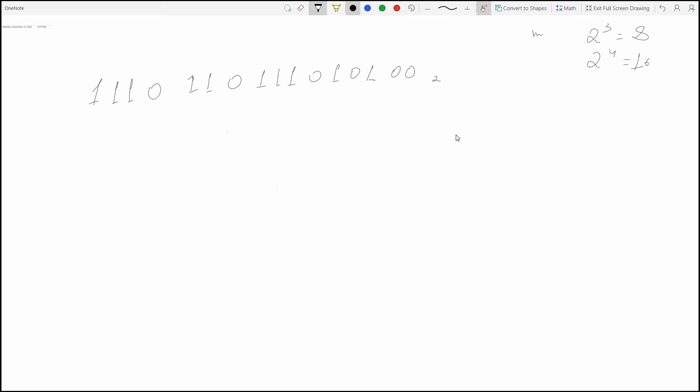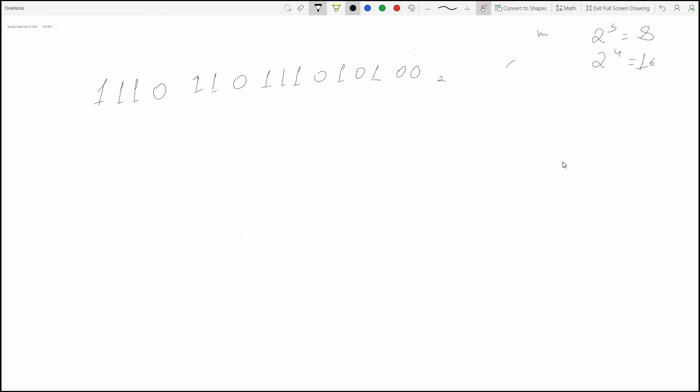In order to convert this binary number into a hexadecimal number, we need to know a little bit more about the hexadecimal numeral system. The hexadecimal numeral system has 16 digits. Currently, we only know 10 digits, 0 to 9.